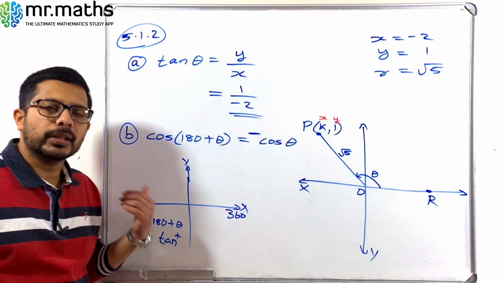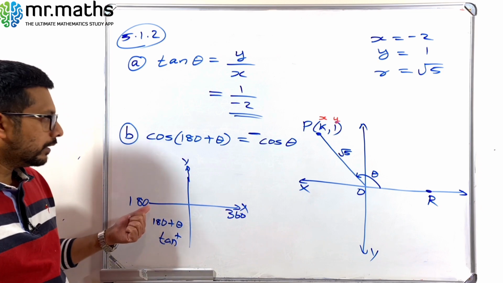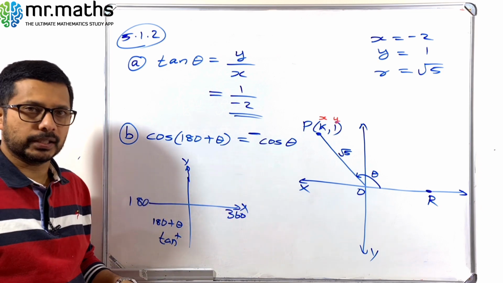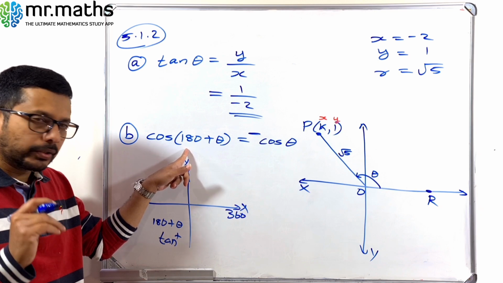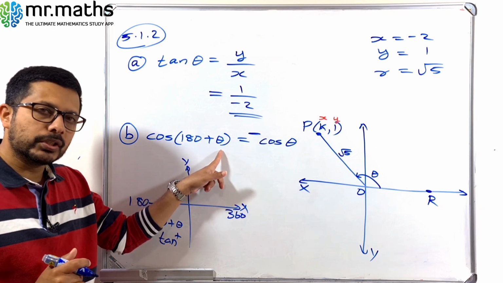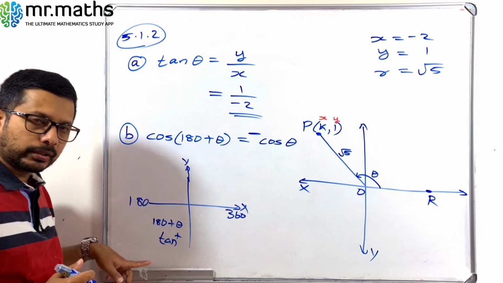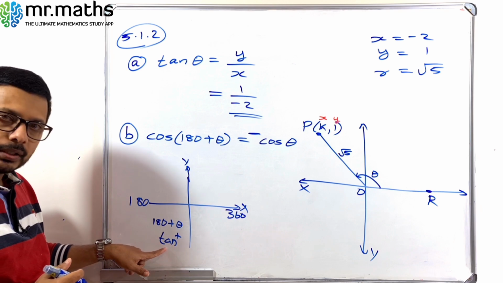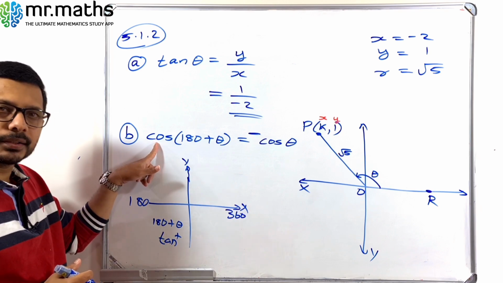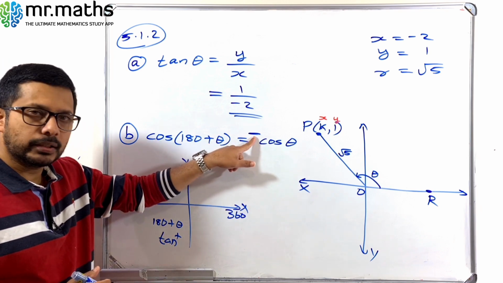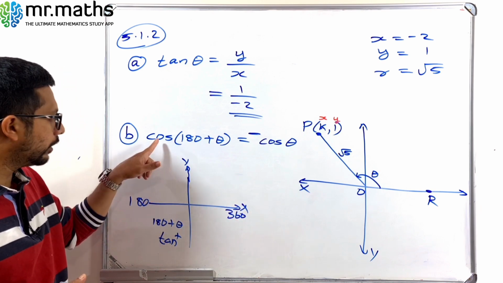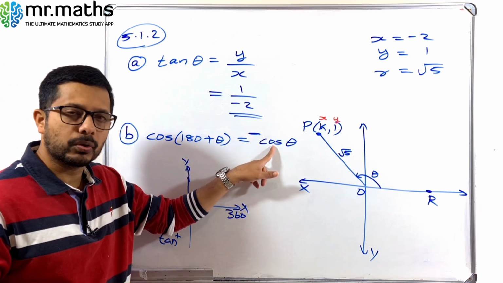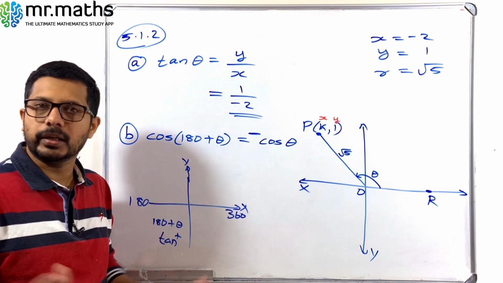This is the easy method for you to write the correct answer without mistakes. In this order you have to think: 180 plus theta is in which quadrant? Third quadrant. Tan is positive, here cos, so it is negative. If it is based on 180, no change, cos stays cos, then the angle theta, done.